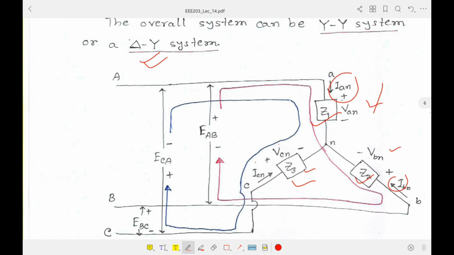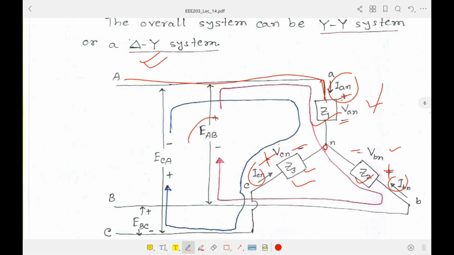And if you notice closely the notation, here it is plus and it is minus. So here also this is plus and this is minus for VAN, and for VAN this is plus at the terminal of the source connection, and the minus of all three are connected to the neutral point. So you know this general form.